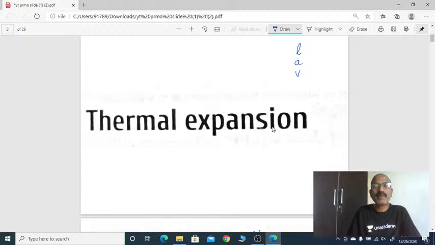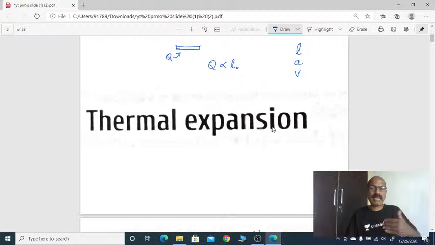So the quantity of heat supplied, if I take a length of the rod, Q is the heat supplied. The quantity of heat supplied is directly proportional to the original length of the conductor.